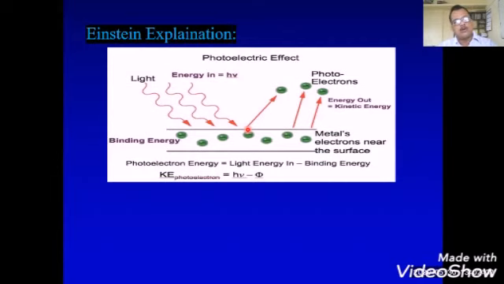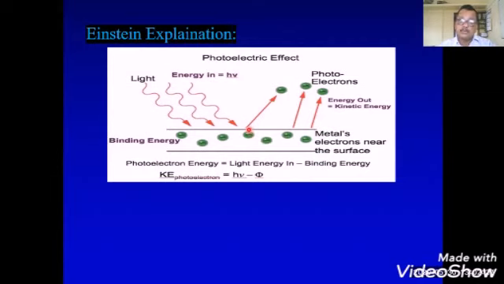The photoelectric work function depends upon the type of metal. Some metals will have low photoelectric work function, and some metals will have high photoelectric work function. So out of the total energy h nu, some amount of energy is used as the photoelectric work function, denoted by phi, to come to the metal surface.